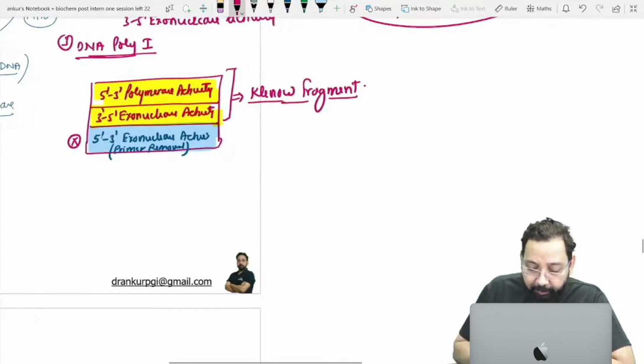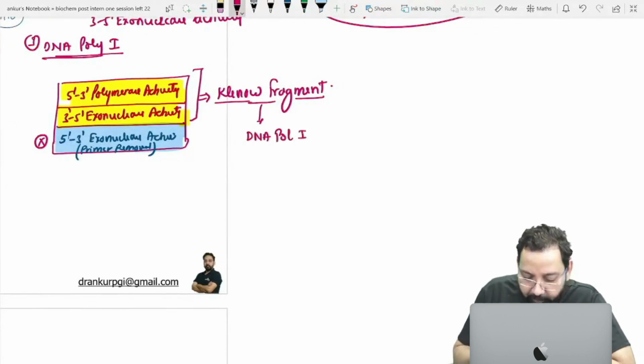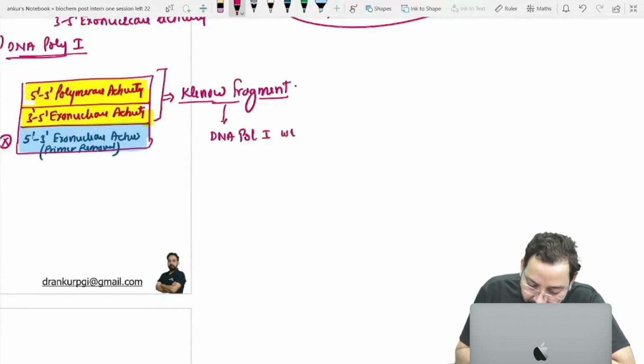What is the Klenow fragment? Klenow fragment is DNA polymerase 1 without 5 to 3 exonuclease activity.